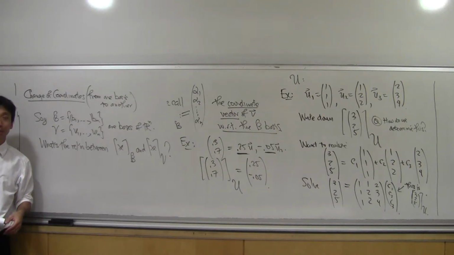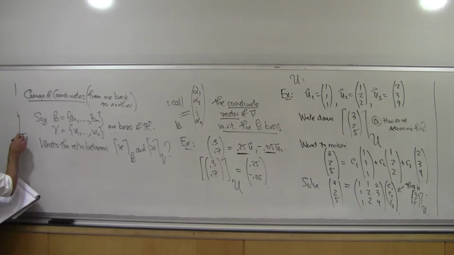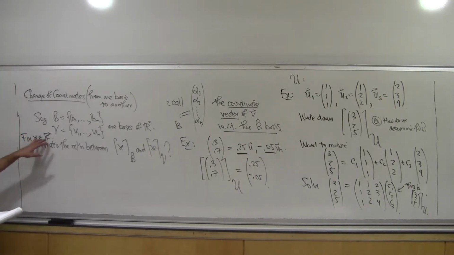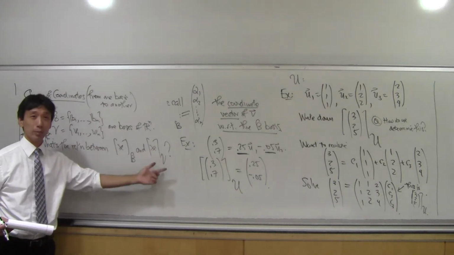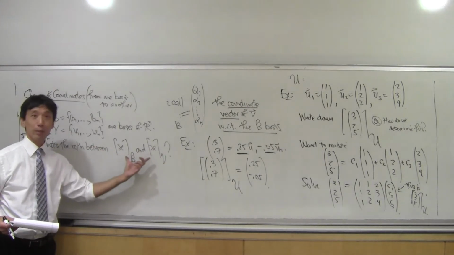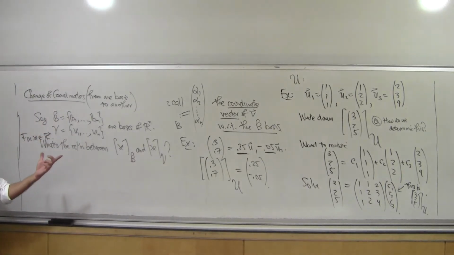Okay, so for the same vector. Fix a vector in Rn. It's got a coordinate vector with respect to one basis and a coordinate vector with respect to another basis. Is there any relation between them?